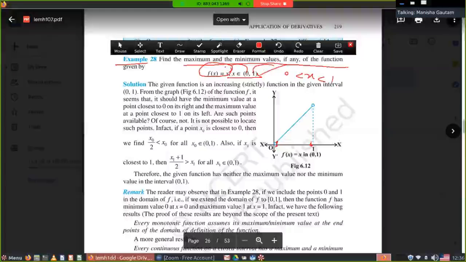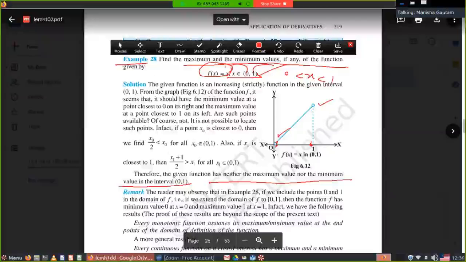If 1 is lying there and 0 is lying there, it is very easy to find out the maximum and minimum value. If you can't have 0 and 1 in the interval, then in that case you cannot find any minimum value or any maximum value. It means neither maximum nor minimum value can be calculated in the interval 0 to 1, because very near to 0 you can't find x.